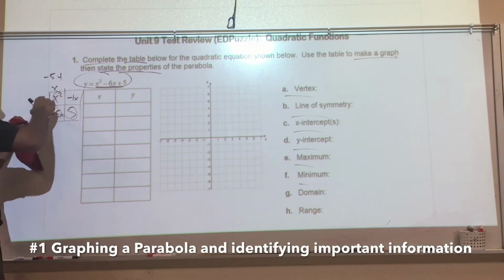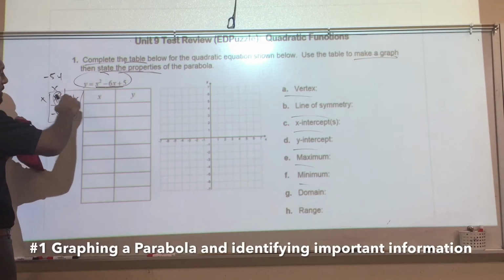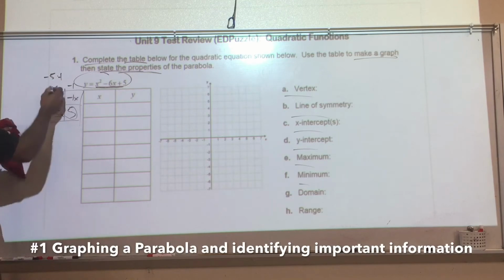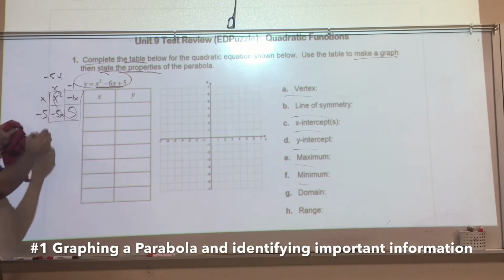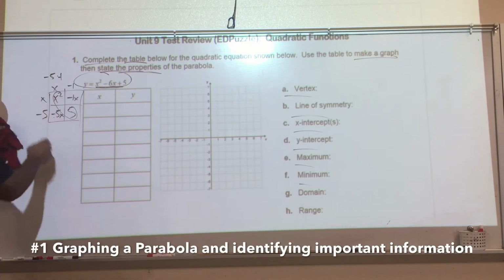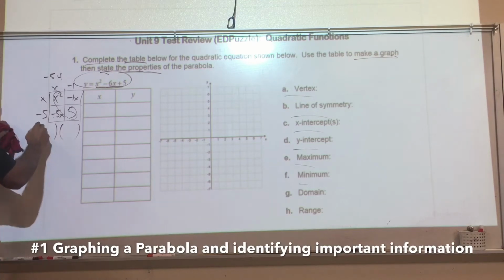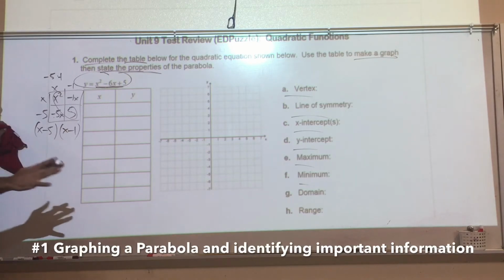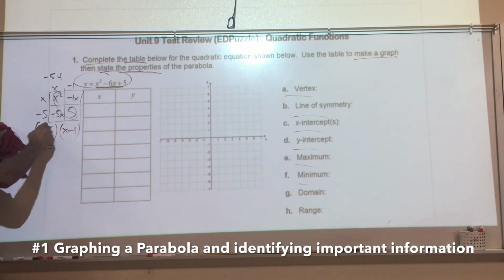Then fill in the rest. X times -1 is -1x. X times -5 is -5x. Okay, so now my factors are x minus 5, x minus 1. But again, those aren't the x-intercepts. The x-intercepts are the opposite signs.